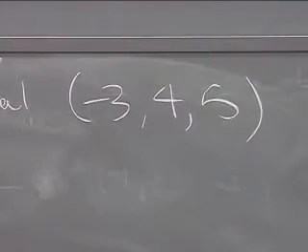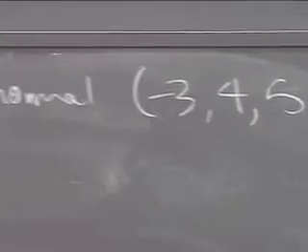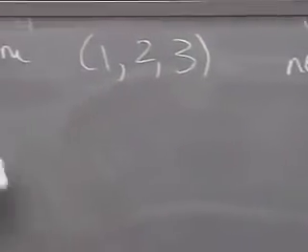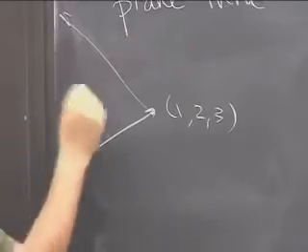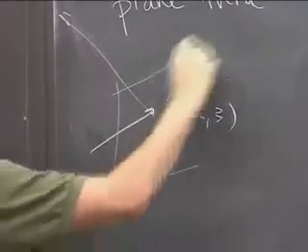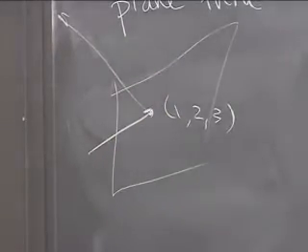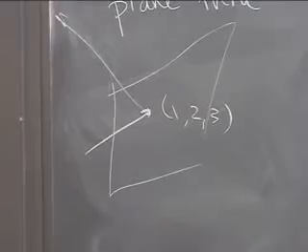So this is a plane that goes through the point 1, 2, 3 and has a normal pointing off in that direction, -3, 4, 5. So the plane's going to look something like this. Not a great picture, but you get the idea.